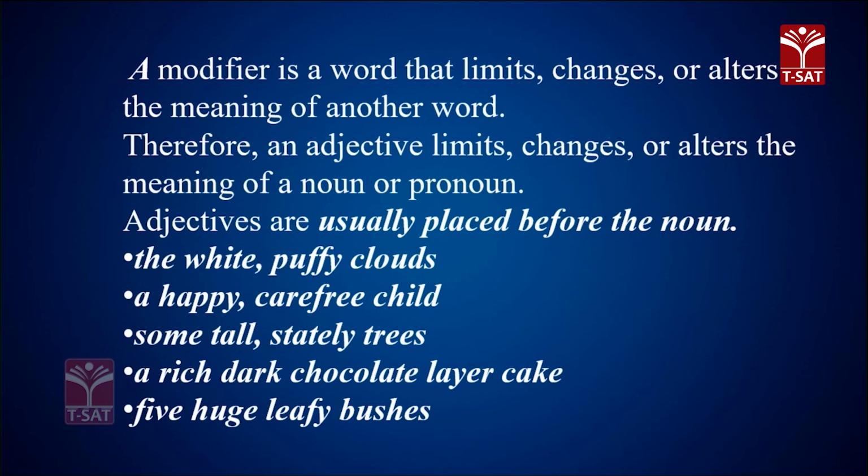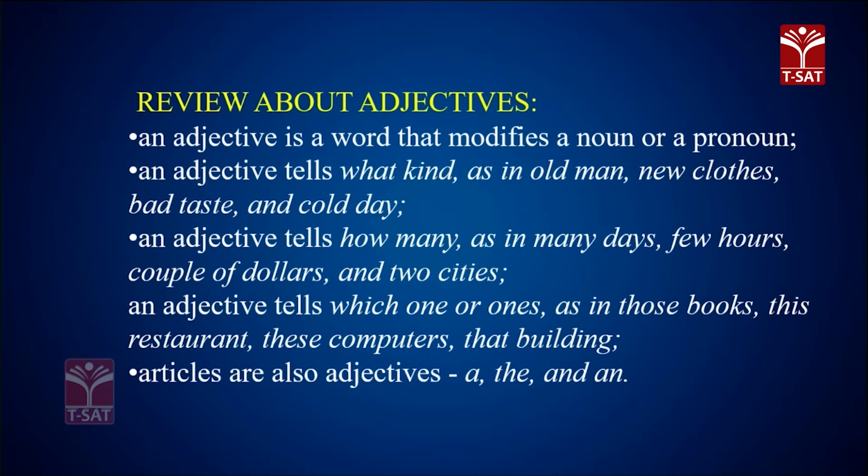Like some of the examples which are being given here for your reference: the white, puffy clouds; a happy, carefree child; some tall, stately trees; a rich dark chocolate layer cake; 5 huge leafy bushes. So, these are some of the examples which are going to modify the other words.